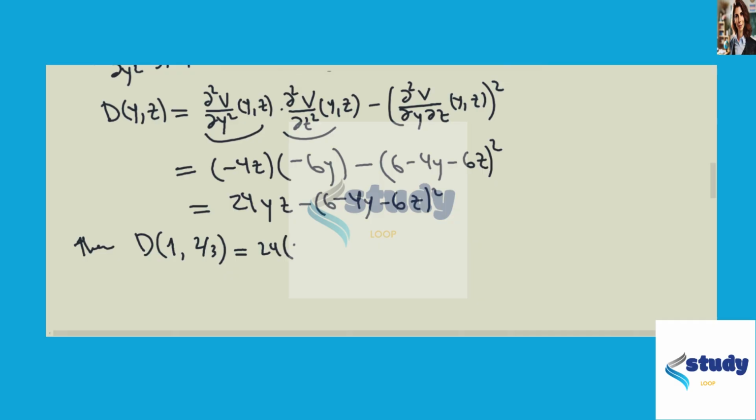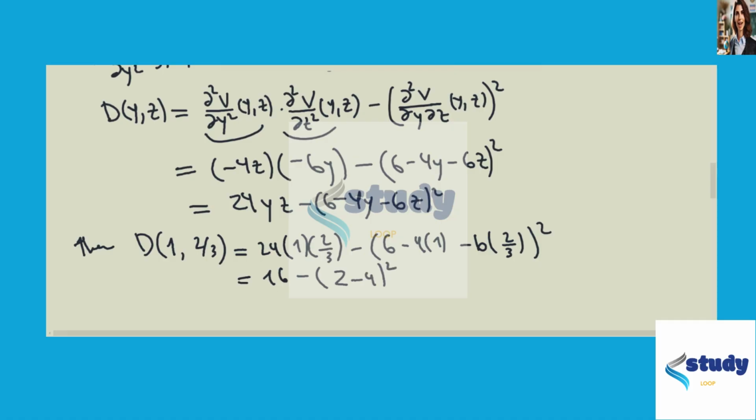24 times 1 times 2/3 minus (6 minus 4 times 1 minus 6 times 2/3) squared, and this is 24 over 3 is 8 times 2 is 16 minus (6 minus 4 is 2 minus 6 over 3 is 2 times 2 is 4) squared, and this is 16 minus (2 minus 4 is negative 2) squared is 4, so we get 12, which is positive.